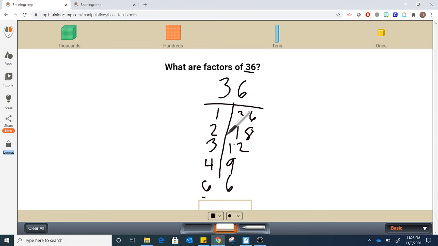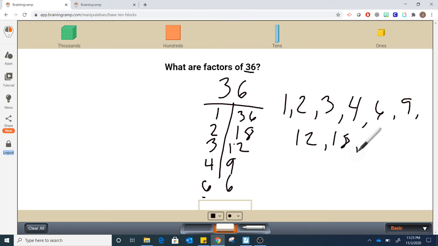Again, mathematicians put the factors in a list. So 1, 2, 3, 4, 6, 9, 12, 18, and 36 are all factors of 36. They can be multiplied by another number to equal 36.